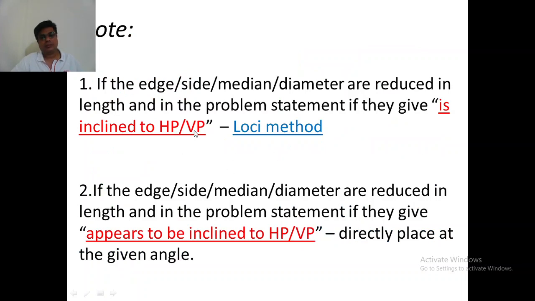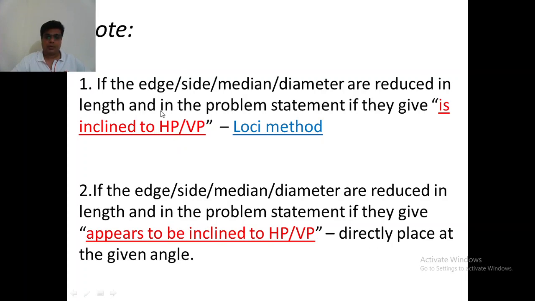For this particular problem, if it is given that the median is inclined to HP or VP, then we have to follow the loci method. If they give that the edge, median or diameter appears to be inclined, then we can directly place it at the given angle. Anyway, we will solve this problem now.